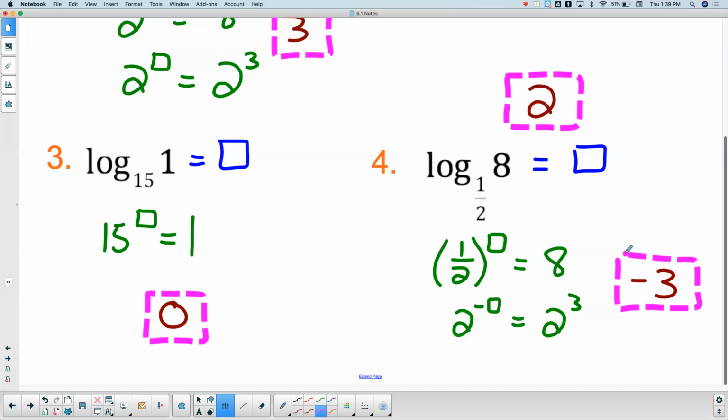Agree? But I thought we had a rule that said we couldn't be negative. What? The exponent can be negative, and this is an exponent. Because my base is positive and my number is positive. The exponent just happens to be negative. One more.